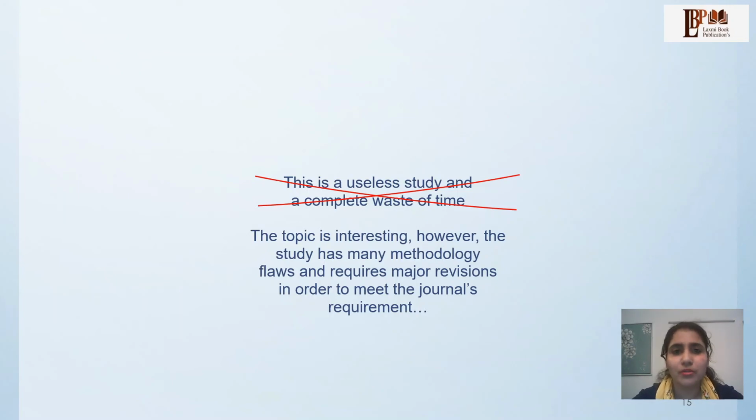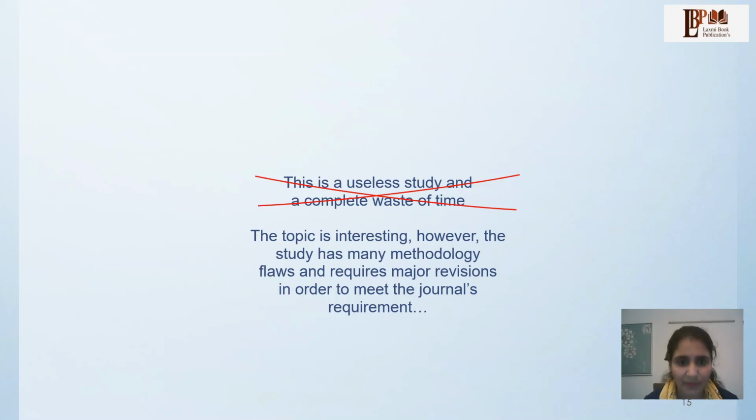Continuing with the final reminders, it's very important not to humiliate or insult the author. You are not here for that. I've already come across sentences like, this is a useless study and a complete waste of time. Don't do that. You are not supposed to do that, because you have to be professional and respectful in your tone. Put yourself in the shoes of the author and try to understand how you would feel if you were getting such disrespectful comments on your manuscript.